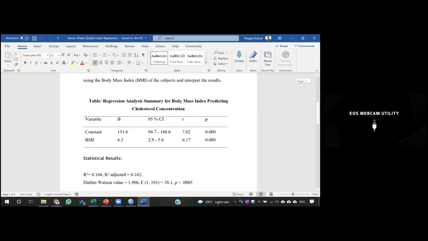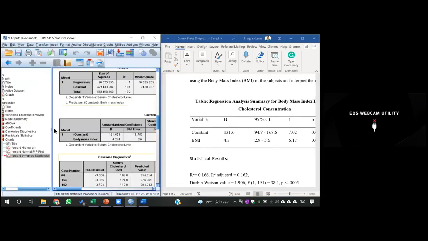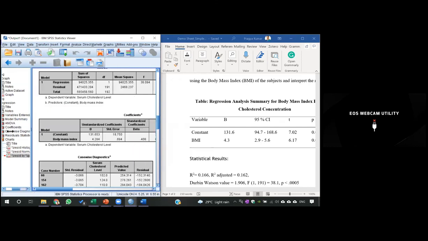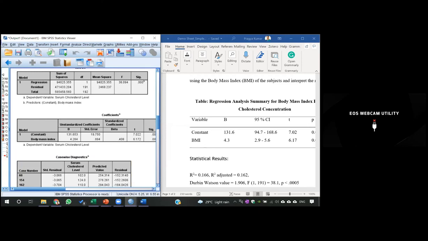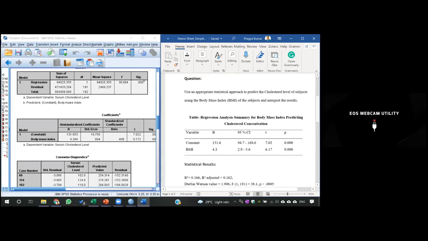So now you can see here, I will simultaneously open these two, this one and the output, so that you can see. I'll just minimize this a little bit. So can you see this? Is this table visible to all of you? And can you see both the screens simultaneously?